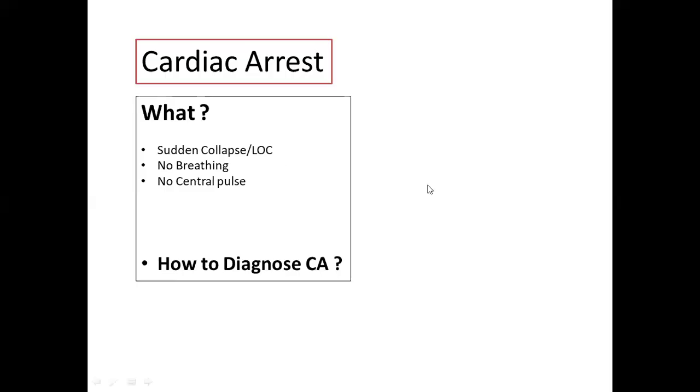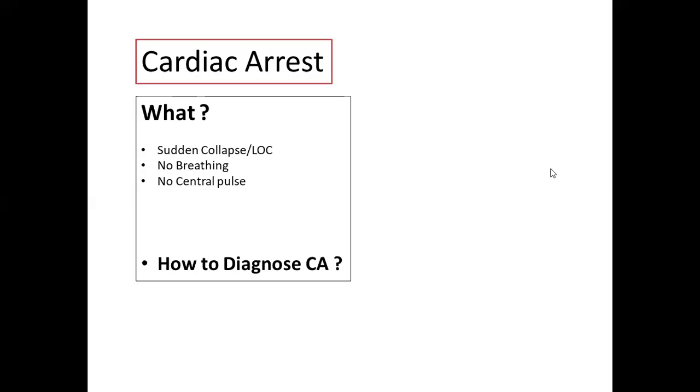If a patient is coming following cardiac arrest, how do you decide whether we are going to start CPR or not to start CPR? Patient may have died during the night, and the patient is coming to the hospital in the morning. Are we going to start CPR? No.